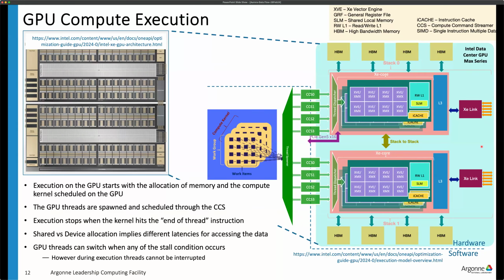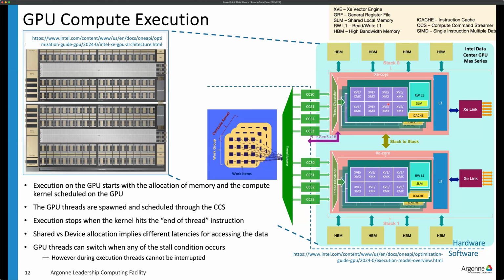So all of the communication through the entire GPU happens through what we call the L3 fabric, and through the backend logic that connects the caches and the links and the tiles together. Another nuance is that, similar to the CPU, if data exists on the HBM on the same stack versus an HBM on another stack, there are going to be NUMA differences to see.